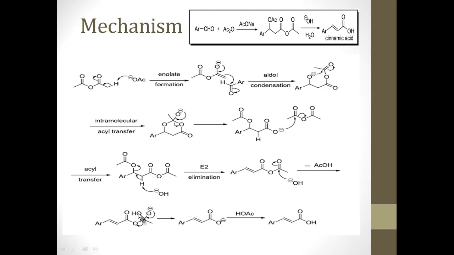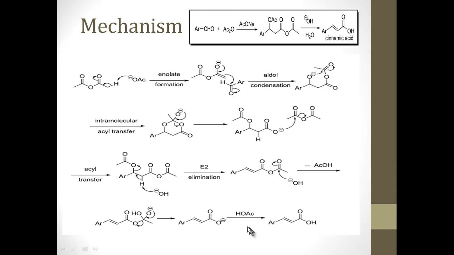Next, this O will donate its electron pair to form a bond here, and the C-O bond will be broken down. So ultimately what will be generated? This Ar CH double bond CH, C double bond O, then O negative. So we are getting this product.